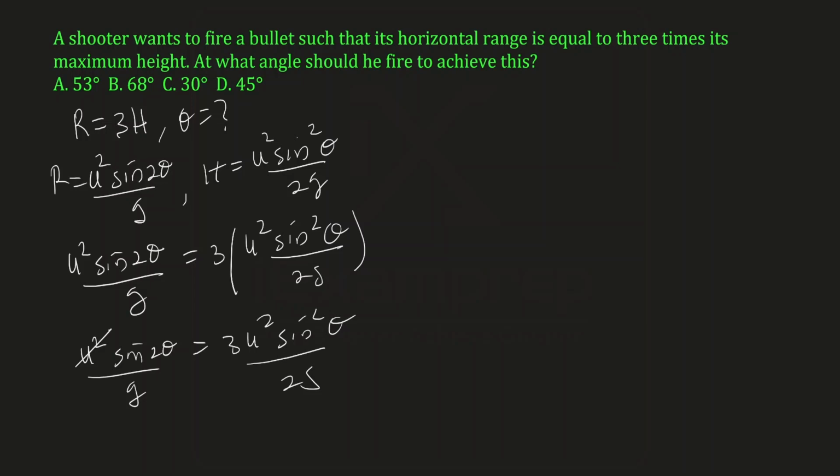So u squared can cancel u squared, g can cancel g. Now I'm left with sine 2 theta equals 3 sine squared theta over 2.